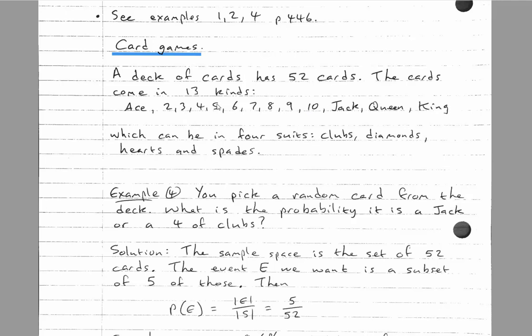So 13 different kinds. And each kind can be in one of 4 suits: clubs, diamonds, hearts, and spades. So altogether 13 times 4, that's 52 cards in a pack or in a deck. And lots of card games.